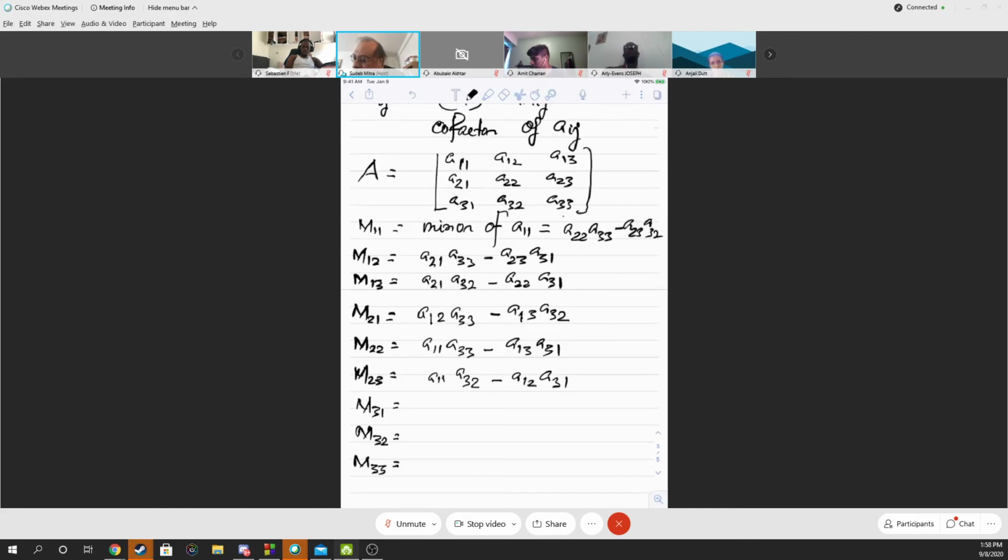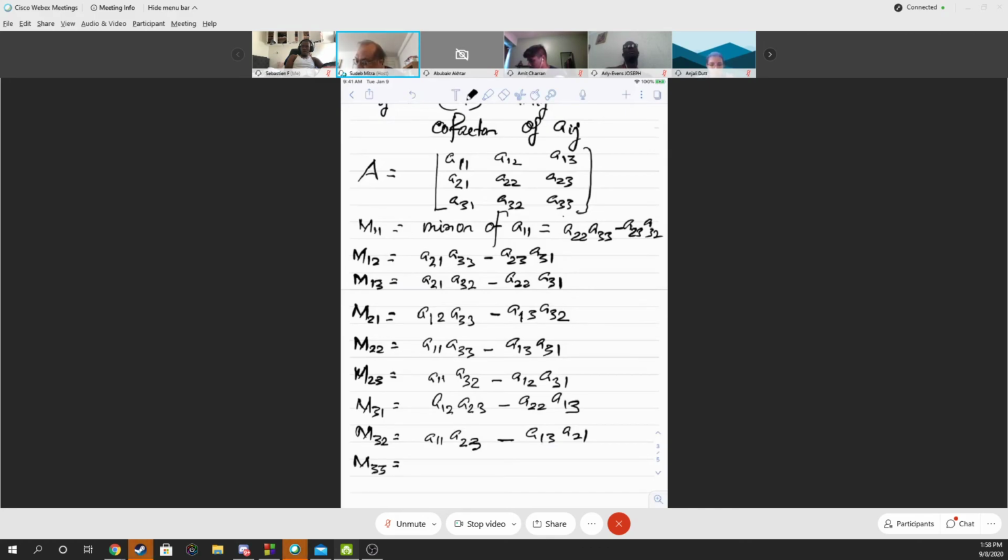M31 is A12, A23 minus A22, A1. M32 is A11, A23 minus A13, A21.